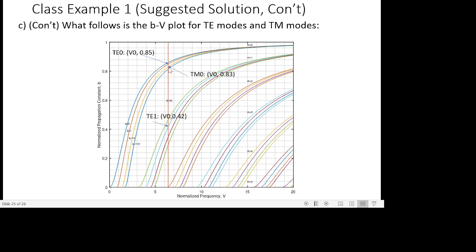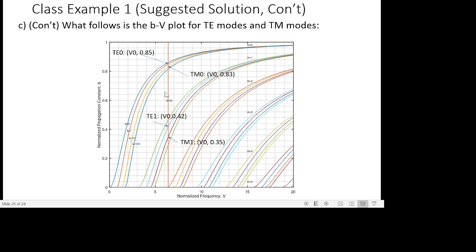According to our analysis, the intersection point where the vertical line and the third curve intersect is going to yield b equal to 0.83, and similarly we can do that for the second mode.